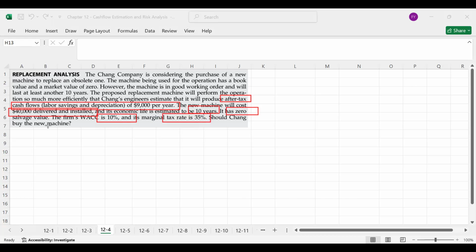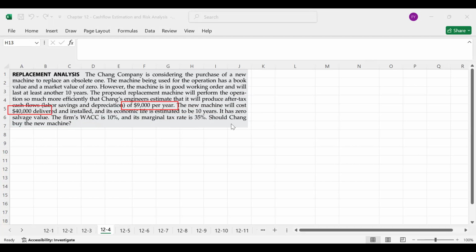So, should the company buy the new machine or not? As we have discussed in the slides, we need to calculate after tax cash flow. After tax cash flows is given here, which is 9,000. And this is the cost of purchasing and installation of the new machinery, which is incurred at year zero.